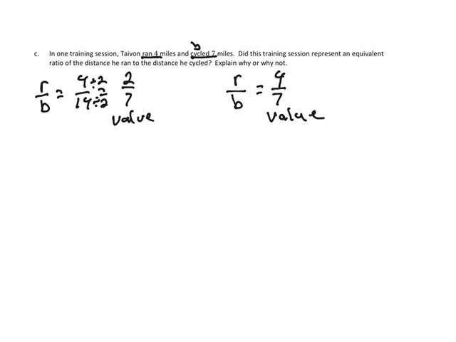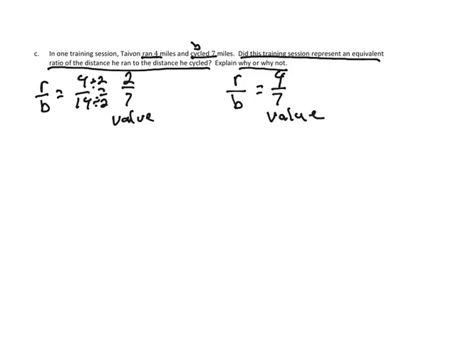And so here, when the question asks us, did this training session represent an equivalent ratio of the distance he ran to the distance he cycled, you can say, no, the session does not represent an equivalent ratio of the distance he ran to the distance he cycled because, and here's where you explain, the values are not the same.